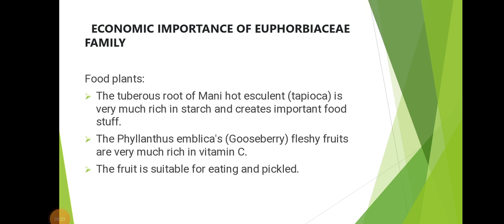The tuberous root of many plants is very rich in starch and is an important foodstuff. The Phyllanthus emblica fleshy fruit is very rich in vitamin C. The fruit is suitable for eating and pickling.